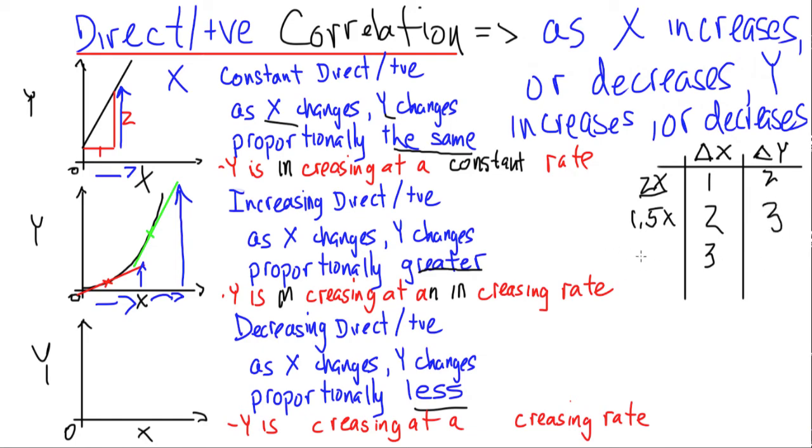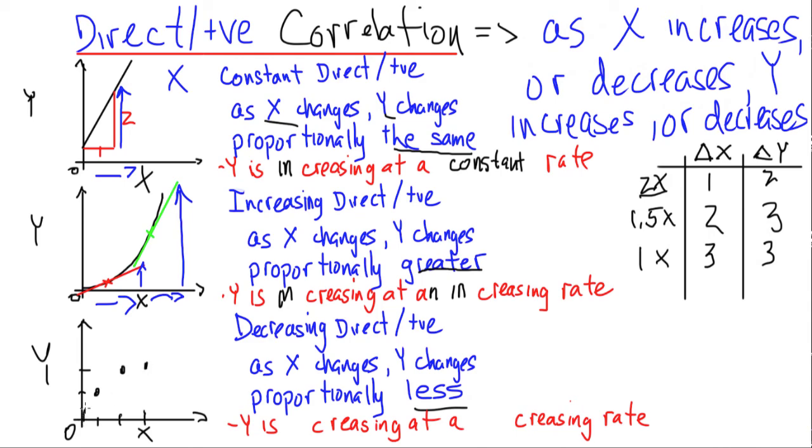Then we can go to 1 time. If x changes by 3, then y changes by 3. And so what this curve looks like: when x is 1, y is 2. When x is 2, y is 3. And when x is 3, y again is 3.